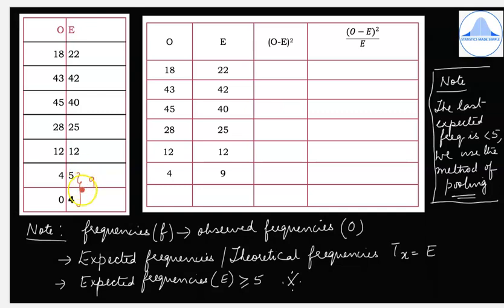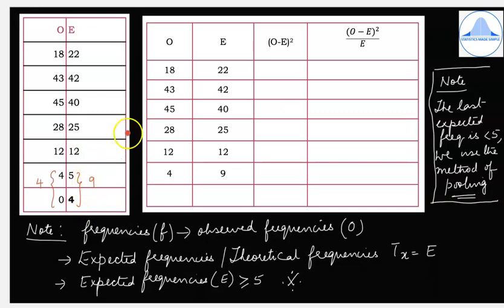Now, because we have pooled two values in the expected frequency column, the corresponding observed frequencies also should be added. Otherwise, the number of observations in both the columns will be different. So when I add 0 and 4, I will get 4. Now you observe that all the expected frequencies are greater than or equal to 5.